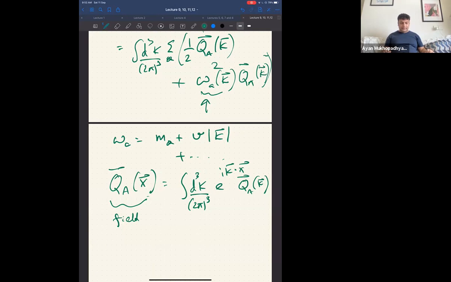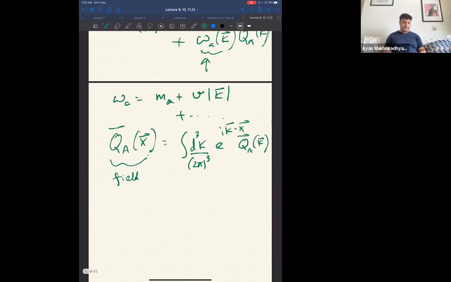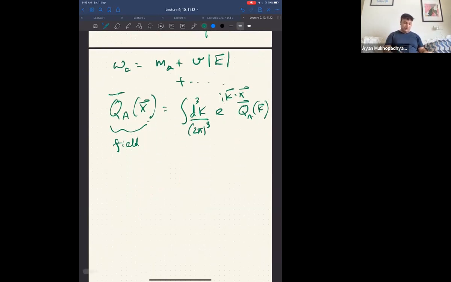But then what typically happens is that you can further break down the field into a parallel and a perpendicular component.